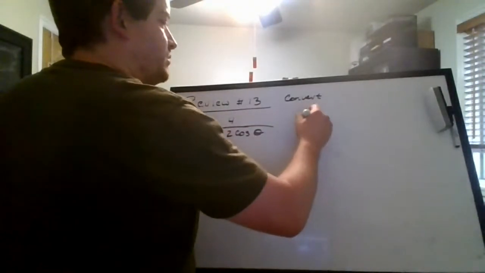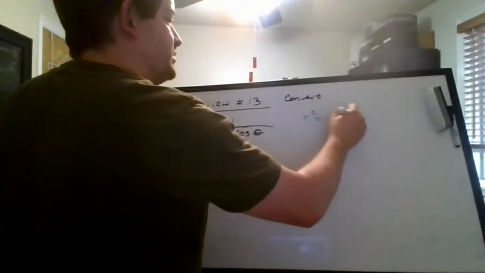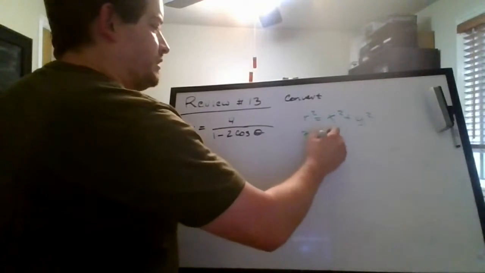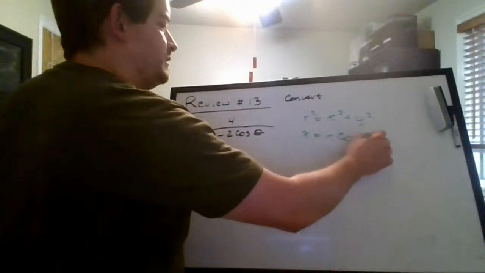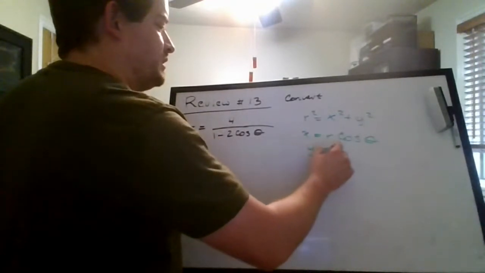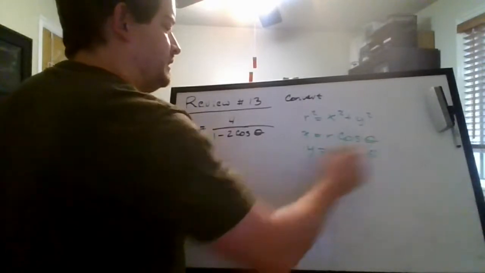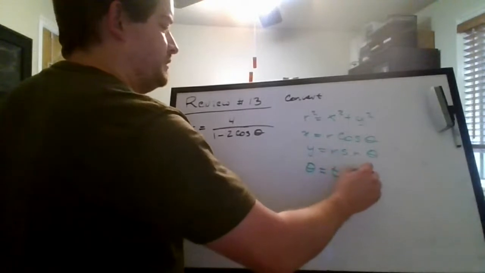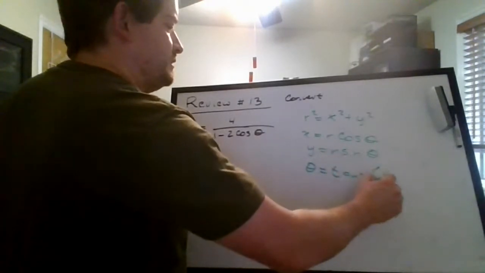We have r squared is equal to x squared plus y squared. I have x is equal to r cosine theta, and y equals r sine theta, and then theta is equal to tan inverse of y over x.